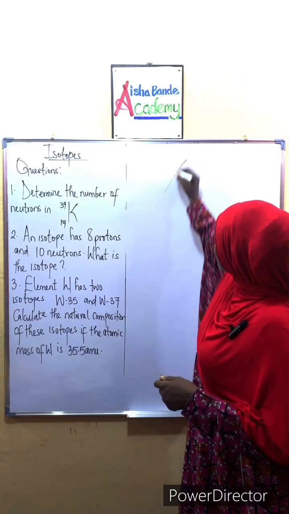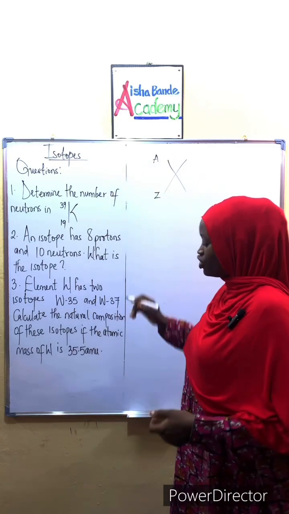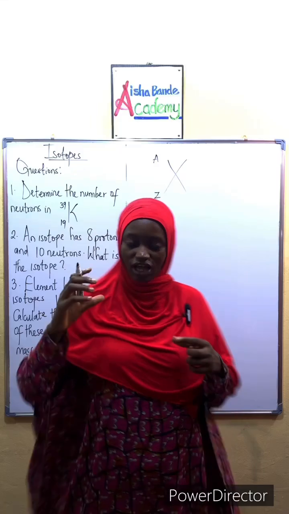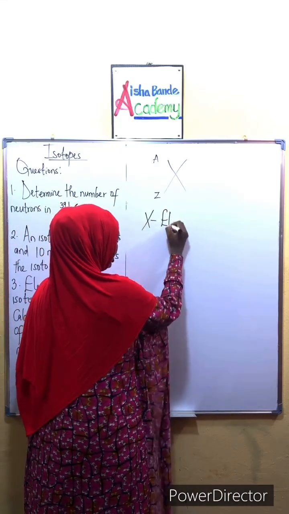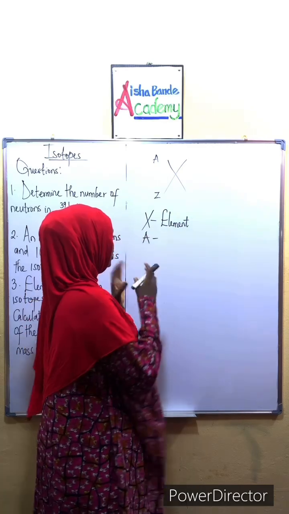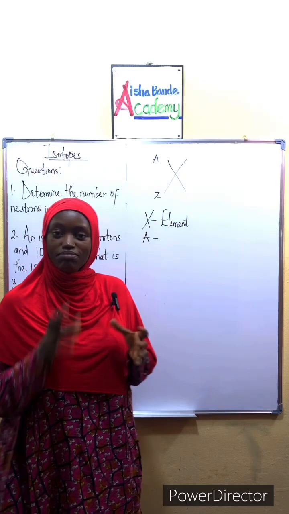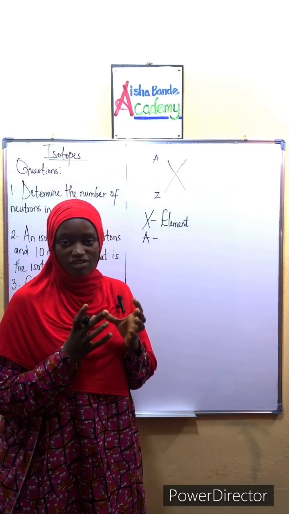Isotope exists in this way, where you have X, here you have A, you have Z here. So the A, the Z, and the X all have their meanings. The X is the element in question. A is the mass number. The mass number is the number of protons and neutrons that exist in the nucleus of an atom.